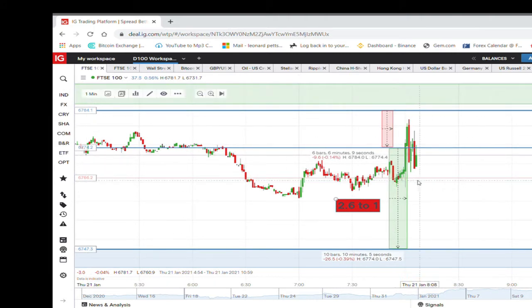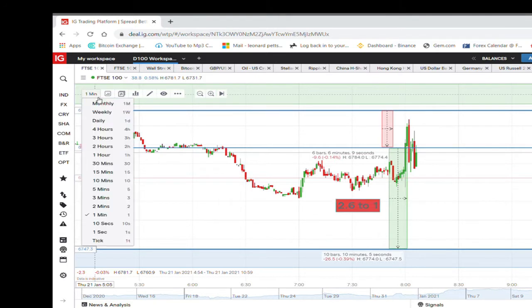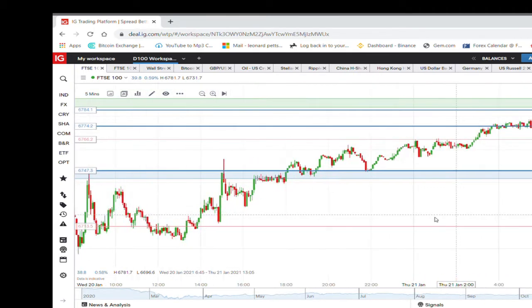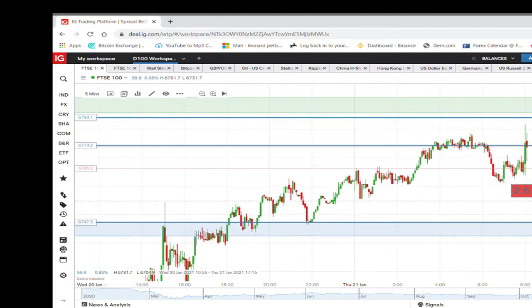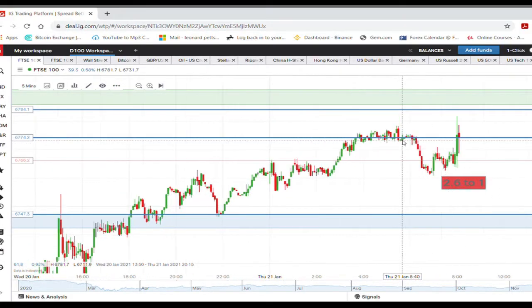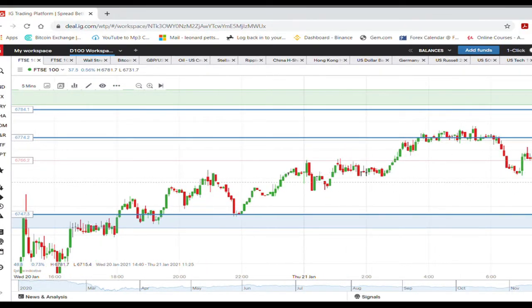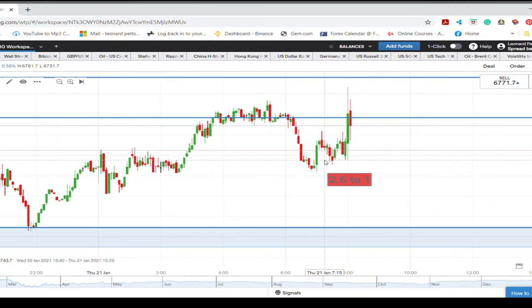So it's differing about. So let's go to the 5-minute candle and we'll look at it on the 5-minute candle, see what the difference is. So same again. We can use the 5-minute candle.